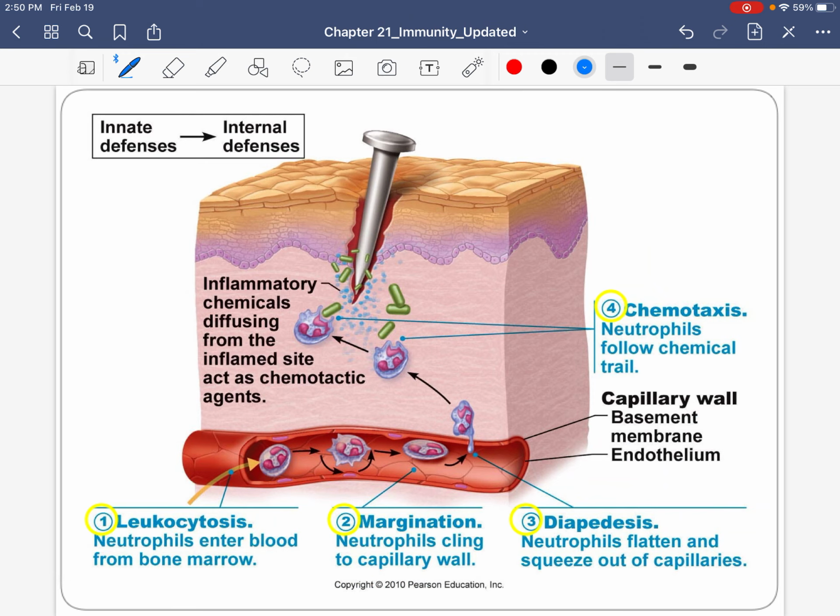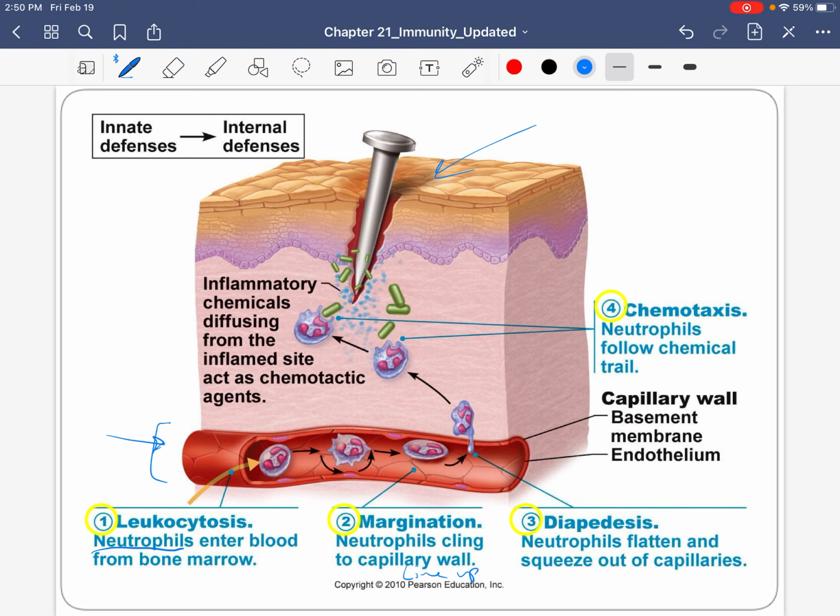Here's the picture, right? When we have damaged tissue, boom, we're going to have leukocytosis. The outer blood vessels are dilating so we can bring in more supplies. We have an increase in white blood cells to the area, leukocytosis. Notice, what kind of blood cells are we seeing? Neutrophils, segmented nucleus, you know that. Well then, these white blood cells, these neutrophils, they marginate.